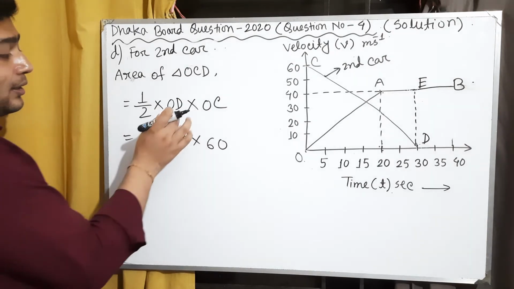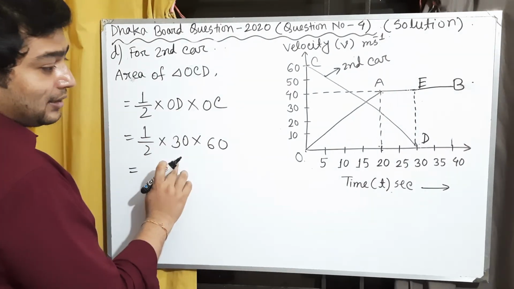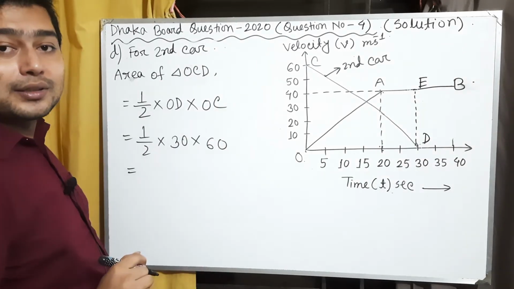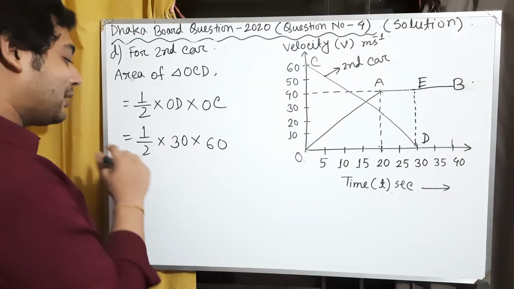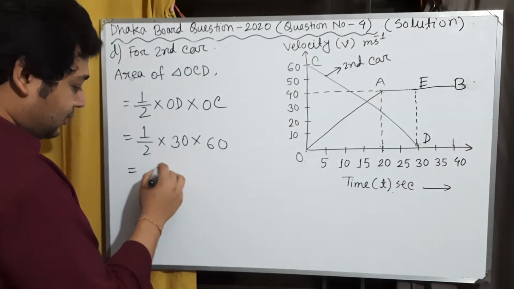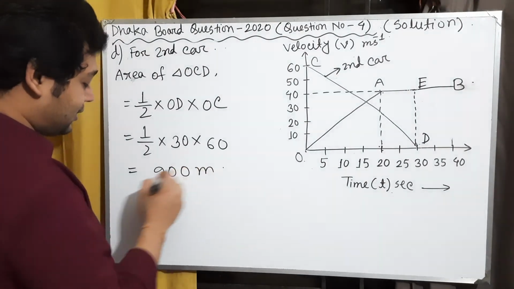So here the value of OD is 30 from the graph and the value of OC is 60 from the graph. Now calculating, we get 900 meter.